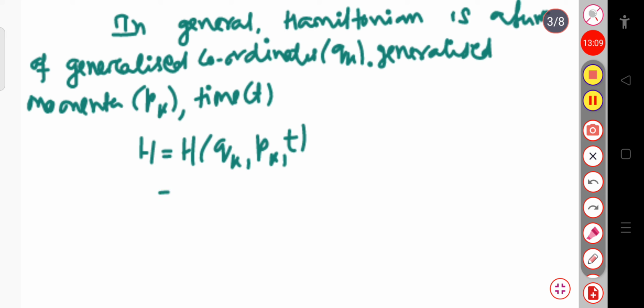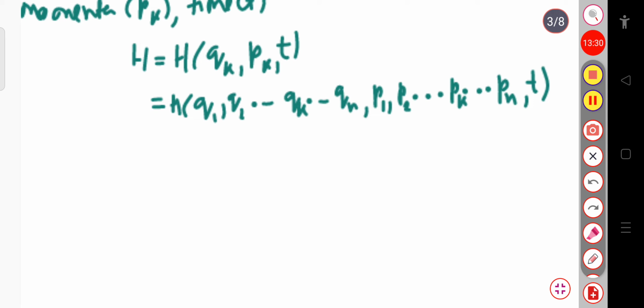This can also be written as H of q1, q2 and so on up to qn, and similarly p1, p2 and so on up to pn, comma t.